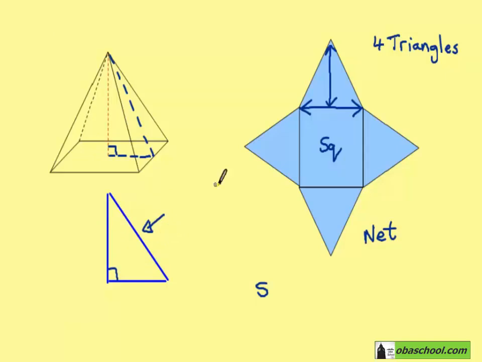This is the distance we're after, this distance here. This distance we can usually work out because it's half of the side of the base. And this is the height.